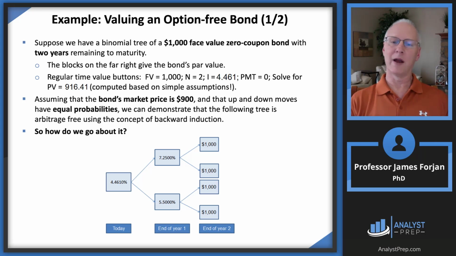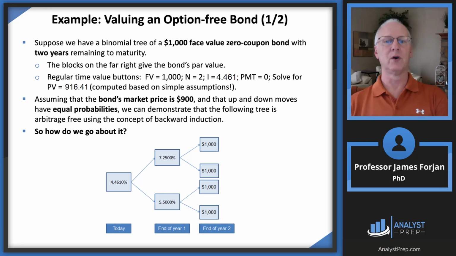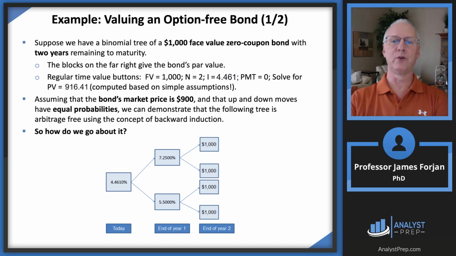And notice that no matter what interest rate path we take, whether we go from the 4.66 today up to 7.25 or down to 5.5, and then up or down, we still are going to get that $1,000, or at least we're promised to receive that $1,000. So that's the future value of the bond. And since it's a 0 coupon bond, there are no intermediate payments. We're not getting a coupon payment at the end of year 1. We're not getting a coupon payment at the end of year 2.